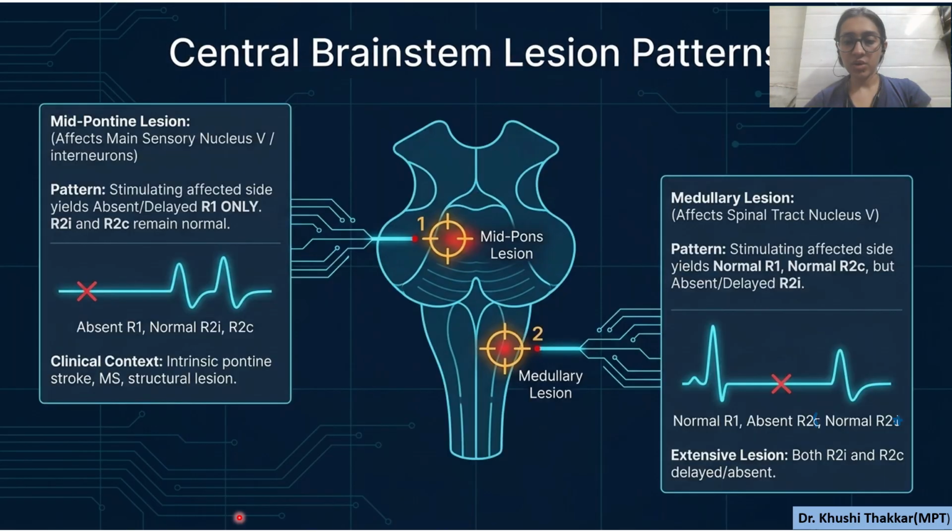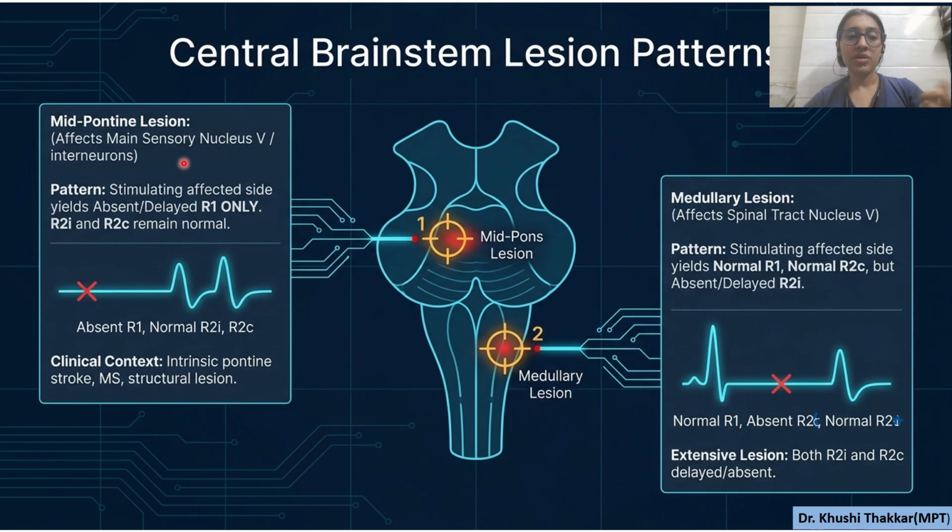Now we have understood the peripheral lesions, coming to the central brainstem lesion. First, we have two nuclei of cranial nerve number 5. That is the midpontine lesion. Now if the main sensory nucleus is affected, it gives out the stimulus as R1. The contralateral and ipsilateral R2 are given by the spinal tract nucleus.